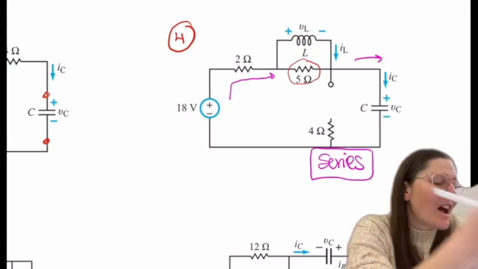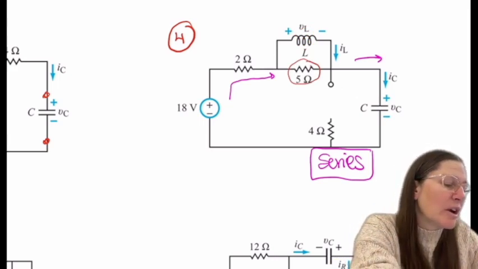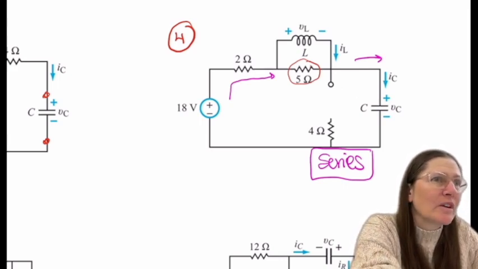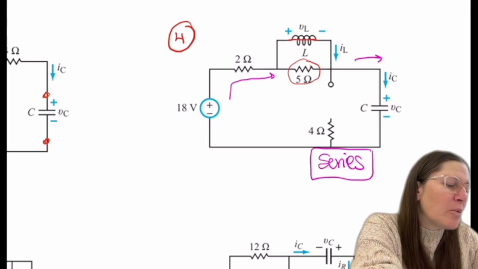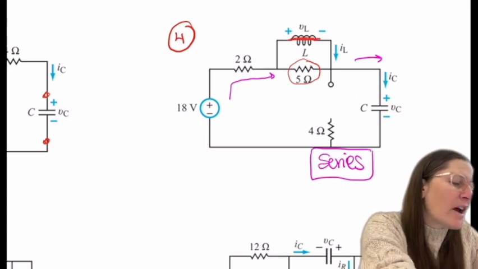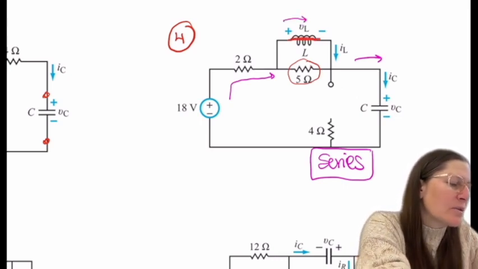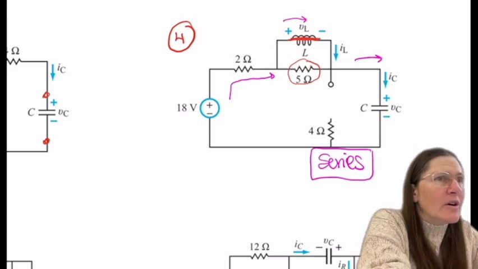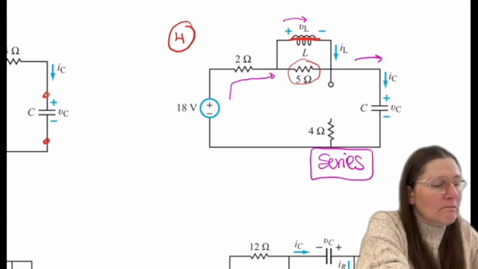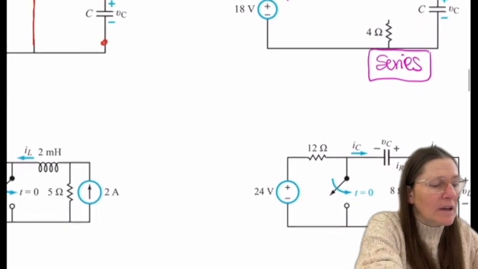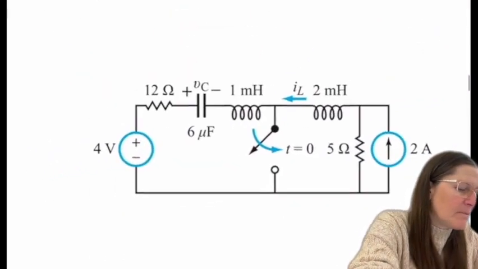So then you have to think about where the current is going at the final time. That would be a wire here, and then all that current is going to flow through there. So at the final time, it makes that a series.